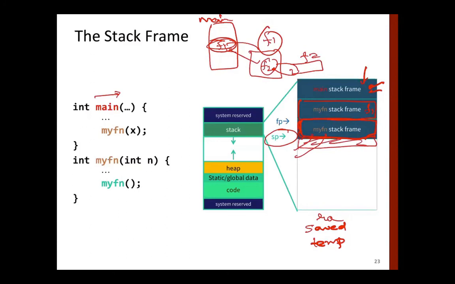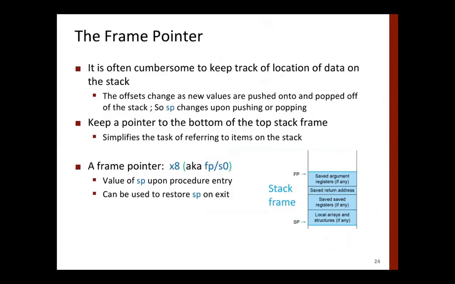Accessing any element with respect to the stack pointer is difficult because the stack pointer itself is changing. So that's the reason another pointer is used, called the frame pointer, which shows the beginning of the frame, because the beginning of the frame will not change. So items in the stack, various variables, etc., we can access through the frame pointer. Got the point?